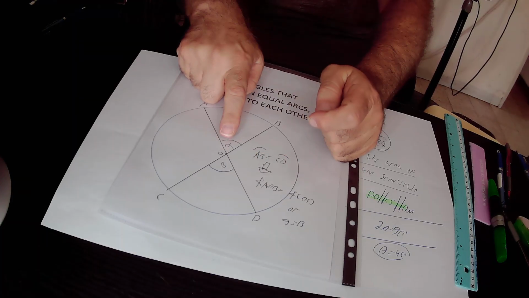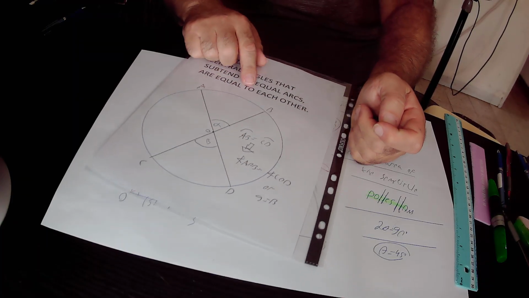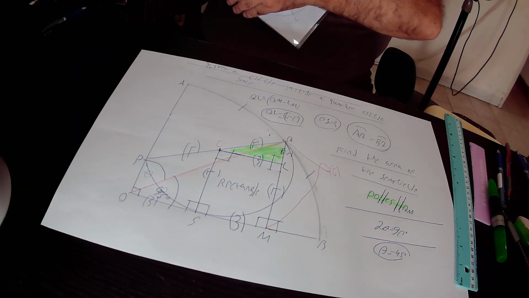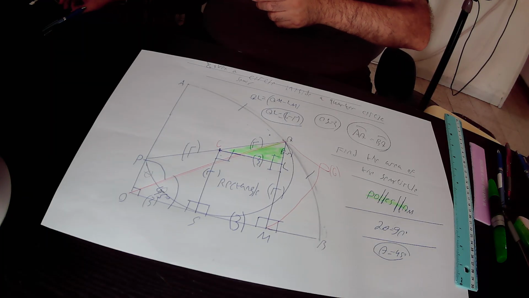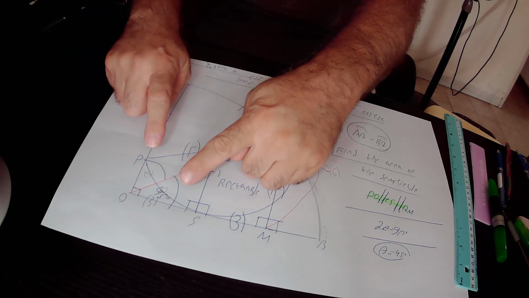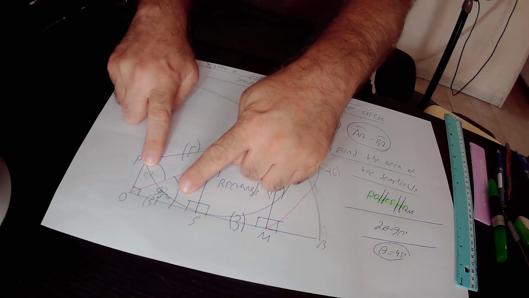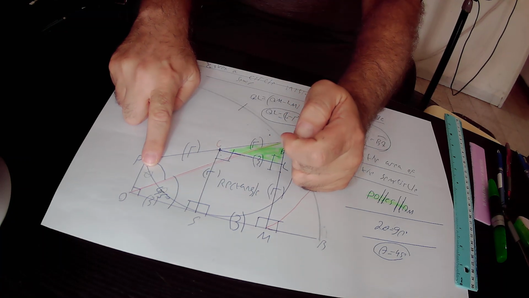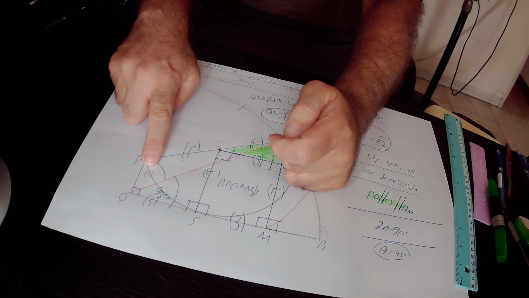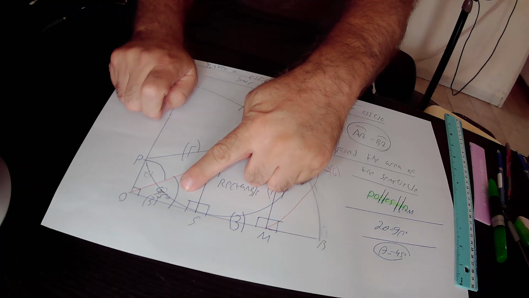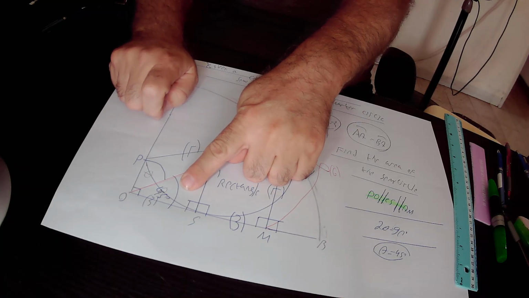That is to say, alpha equals beta. So if the size of this central angle AOQ equals theta, then the size of central angle QOB must also equal theta, because they are equal according to rule 23.